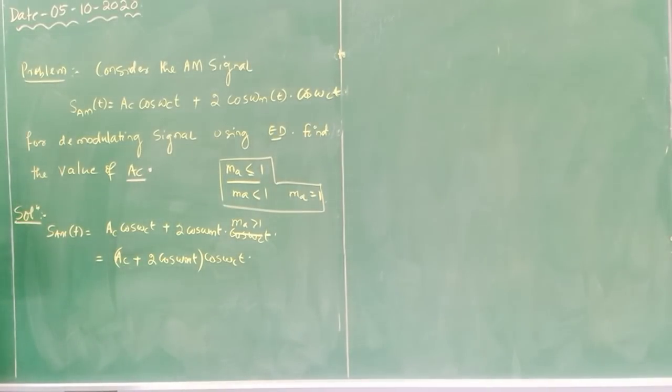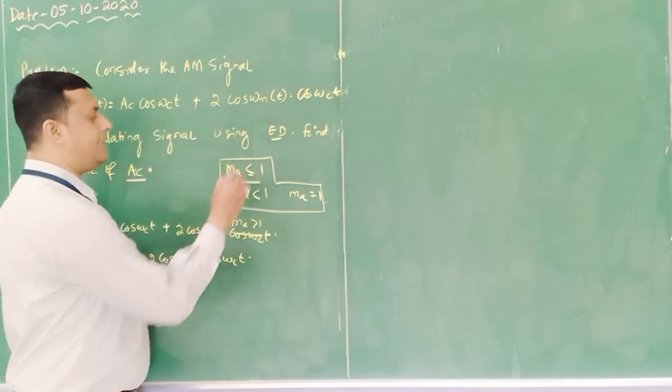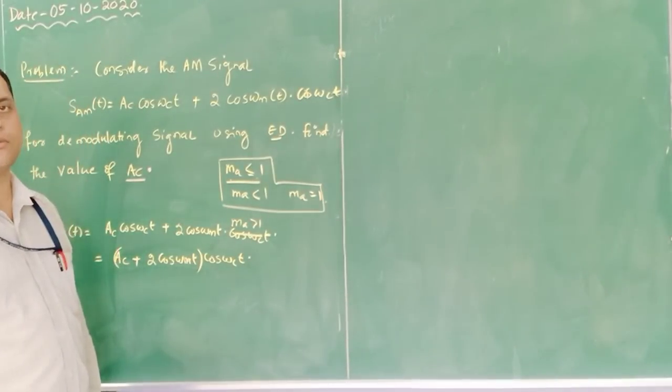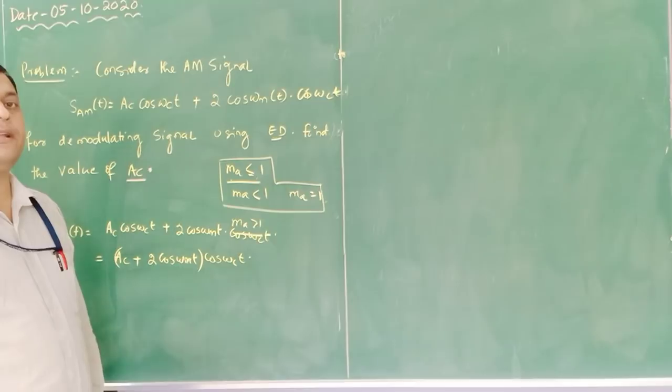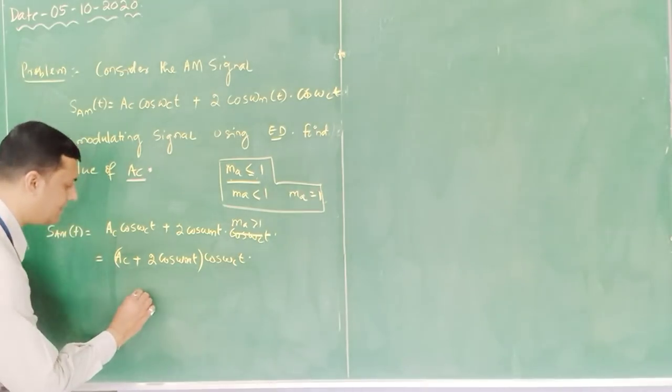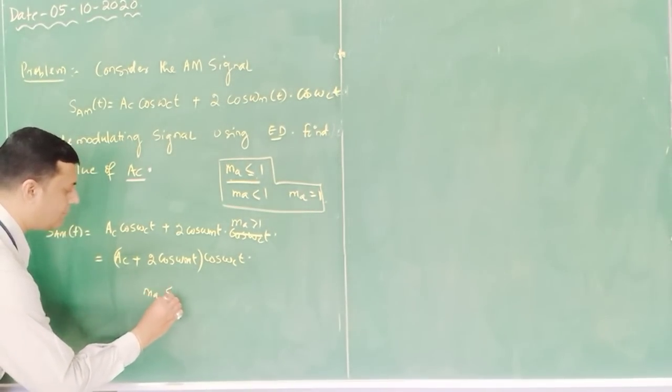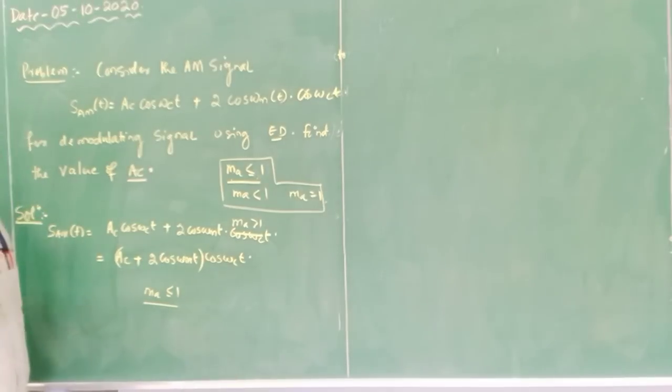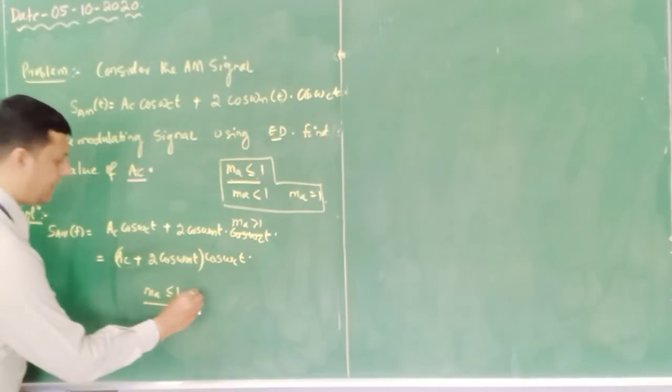Now if we can recover the original message component from the AM modulated signal, that means my modulation index must be less than or equal to 1. So if the modulation index is less than or equal to 1, the original modulating signal can be recovered. Now what is MA?